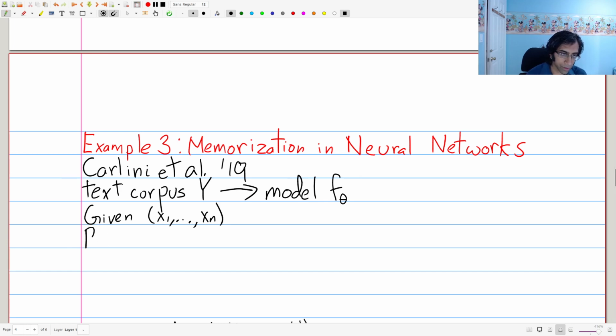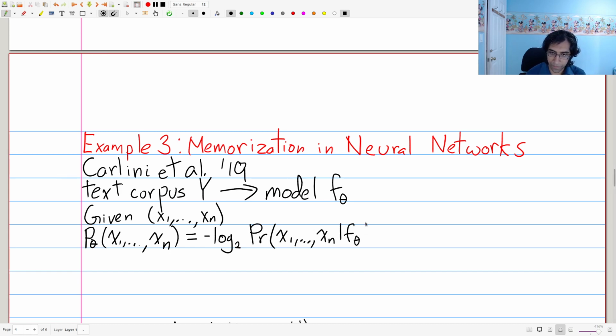It can tell you this p of theta of x1 through xn, and this p, we haven't said what it is, but it's the log perplexity. This is going to be equal to log base 2 of the probability that x1 through xn, conditioned on our model being f of theta.